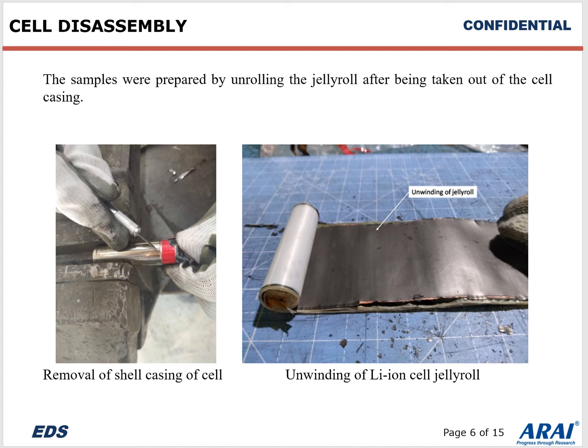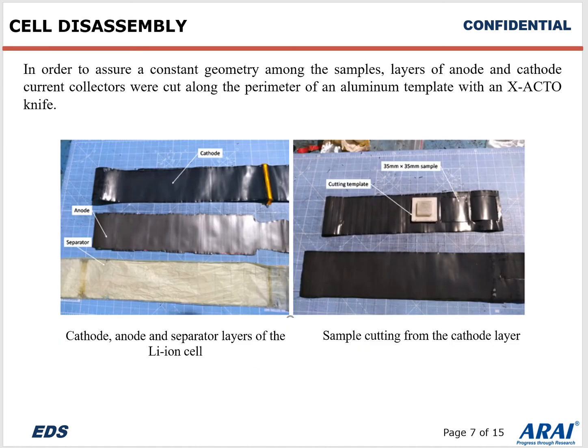In order to create material samples for testing, the jelly roll was removed from the cell casing and then unrolled. These material samples will help us to capture the accurate properties of anode and cathode. To ensure equal sizing among the samples, an aluminum template was used.